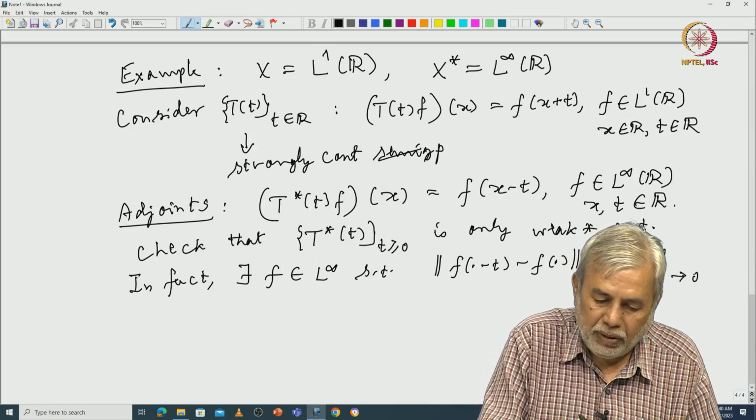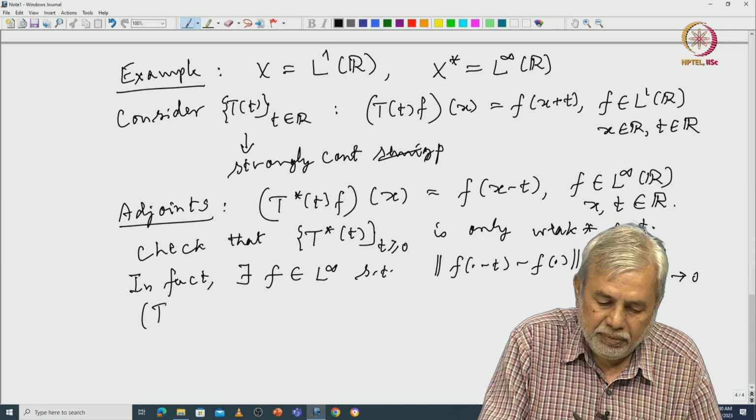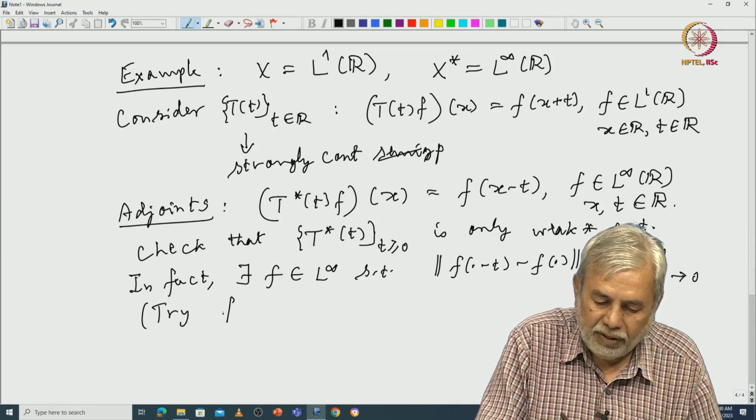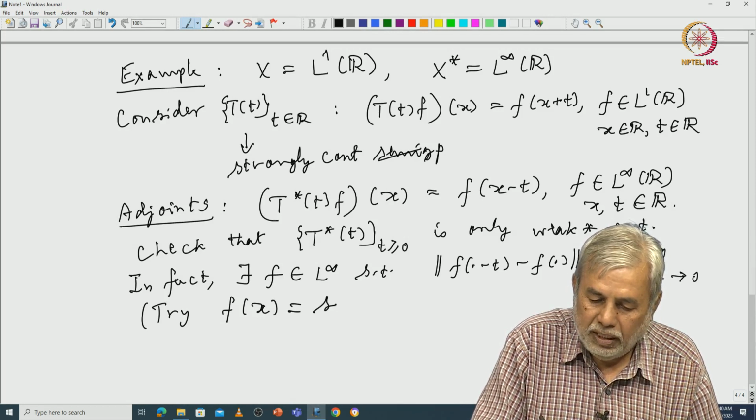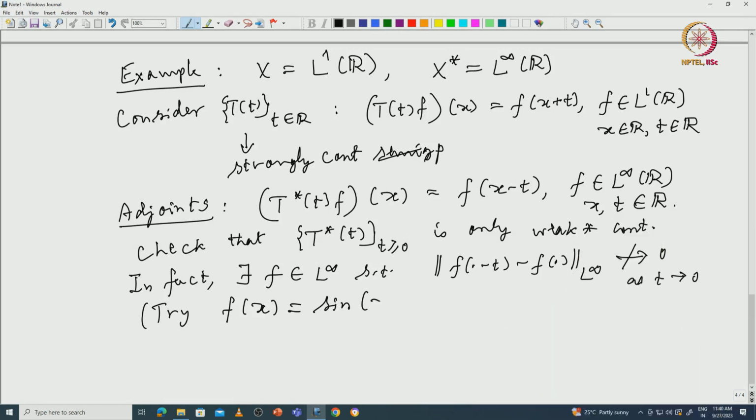So for example, you can try this. In fact, very nice functions: f of x equal to sine of x square. So this is a continuous bounded function. Check whether this does not hold.